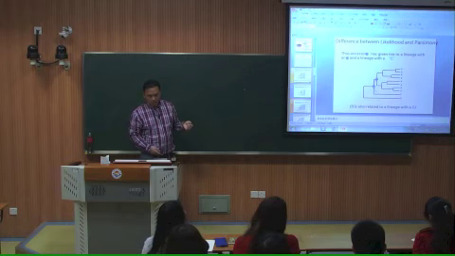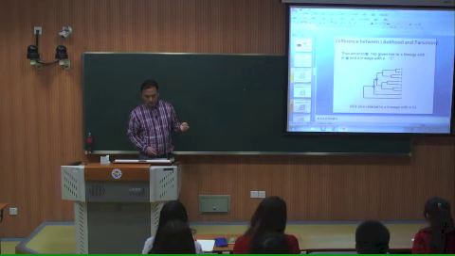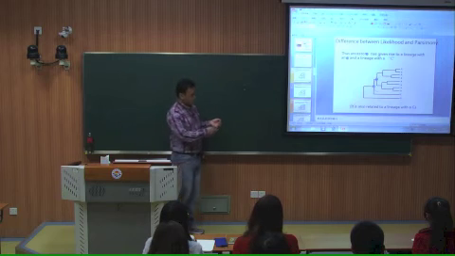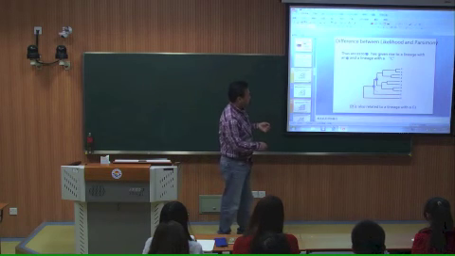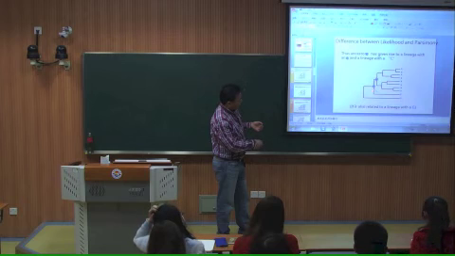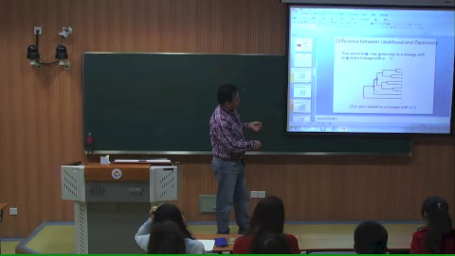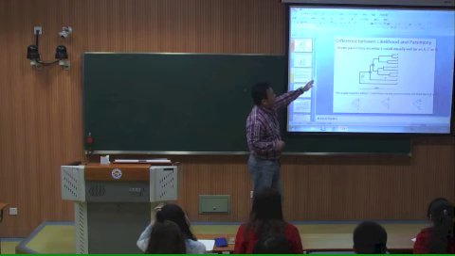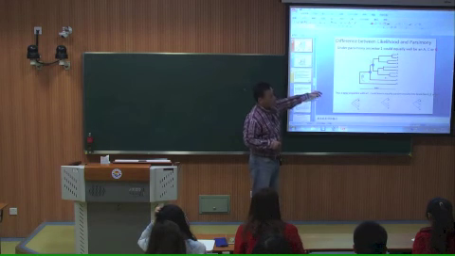But the ancestor 1 gives rise to a lineage for the A and also for C, but it also gives rise to G. So what should be the state at node 1? Under parsimony, ancestor 1 should equally well be A, C, or G, right?